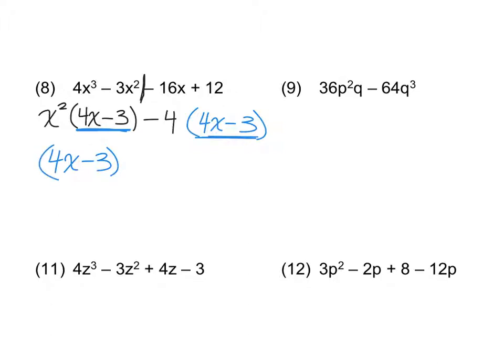I can pull that out. And so it's really just extracting it or withdrawing it from the expression. So if I remove it, if I picked up the 4x minus 3 from this part and threw it away, picked up the 4x minus 3 from this part and threw it away, what's left? Exactly.